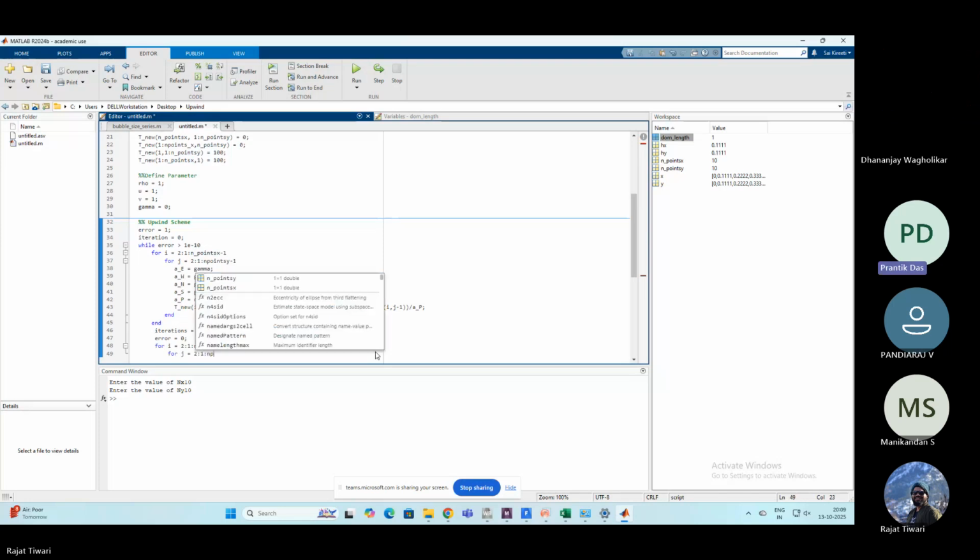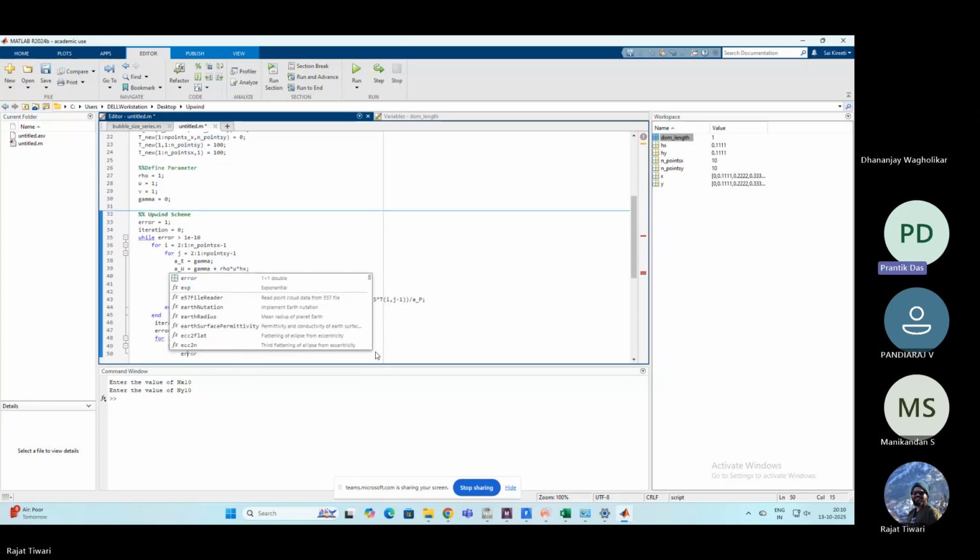Then I calculate the error, which is the difference between T and T_new(i, j).